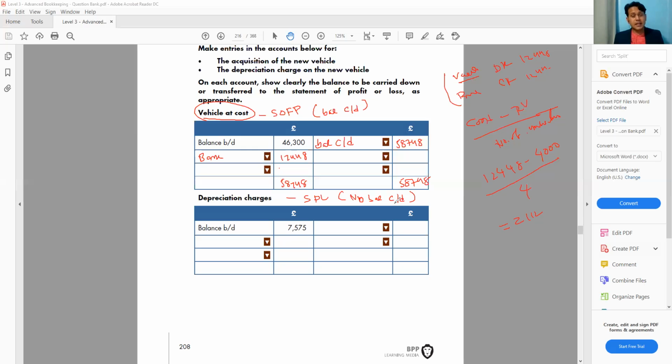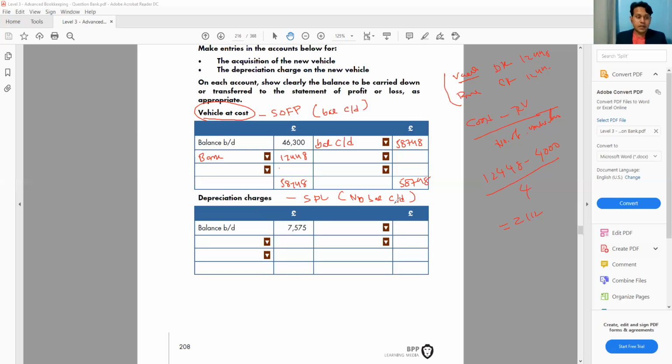But anything relevant to the profit and loss account is only for the one year. We do not take the balance from the profit and loss account for the next year. In one year we make the profit and loss account and it is done. Next year we prepare another profit and loss account, like a fresh one. So if anything belongs to the SPL account, we do not make the balance CD and BD. Rather, we say it goes to profit and loss.